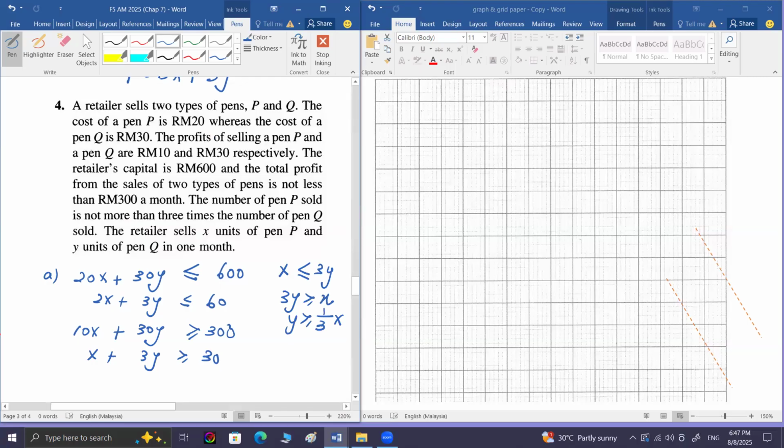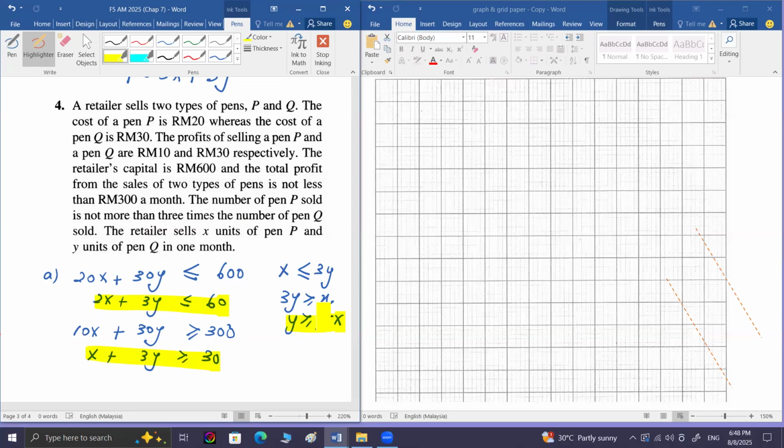Okay, so far, they asked me about this and this, because you're asked to write 3 inequalities. So draw these 3, then another 2, the x-axis and y-axis ones.